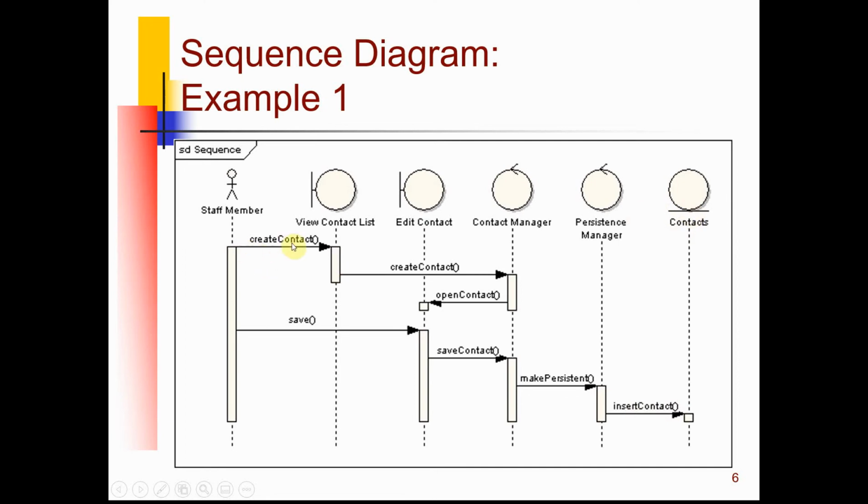In order to do that, the staff member must be provided some kind of interface, a web interface or standalone interface, to interact with. The first interface we call the view contact list. For this to be shown, the create contact method is called, and this method is part of view contact list.